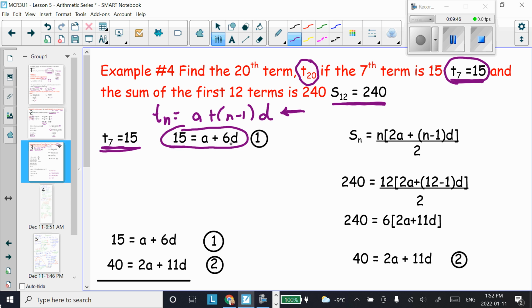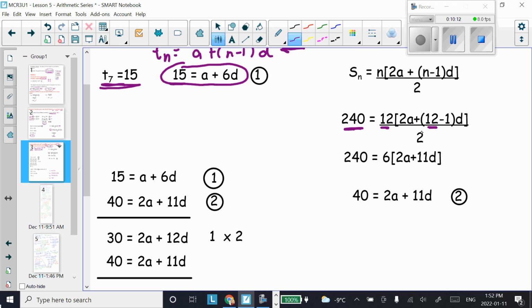Now my second equation, I'm going to use this information here. The sum of the first 12 terms is 240. So Sn is 240. My n is 12. So I can put that in this spot here and that spot there. And I think that's all we're given here. Yes, we are. Okay, so I'm going to simplify this.